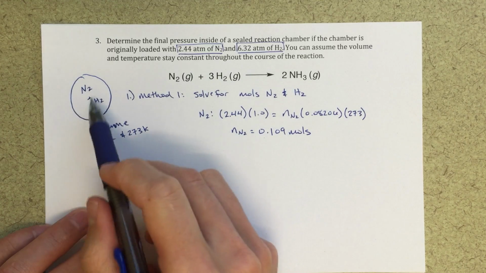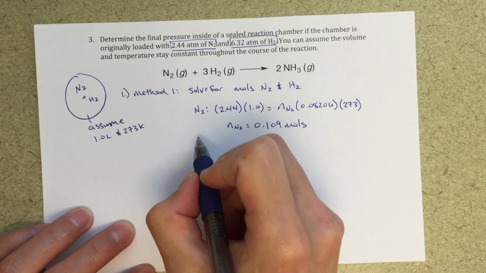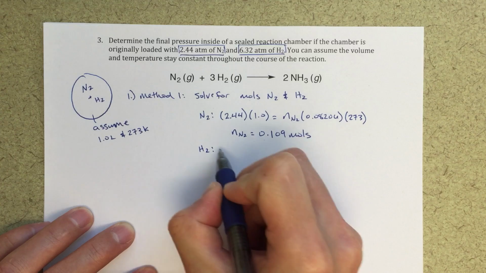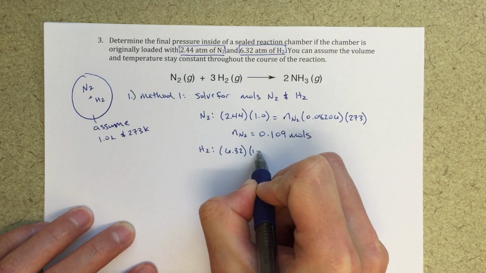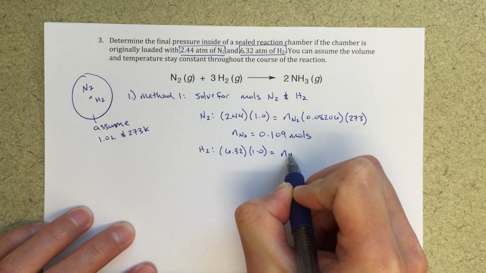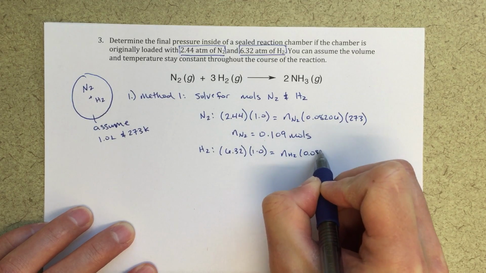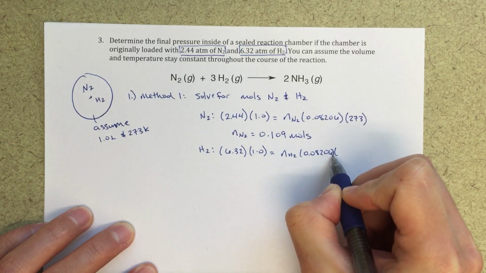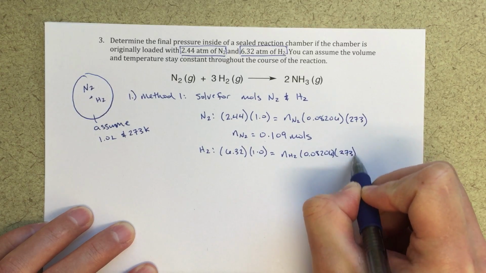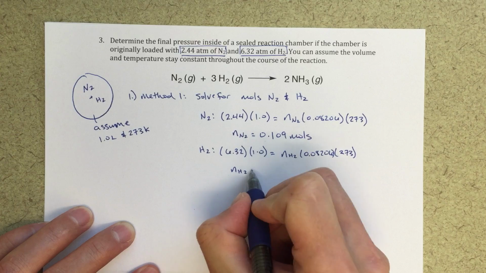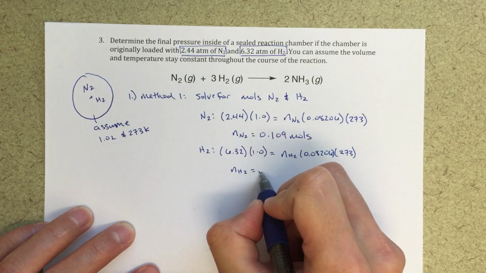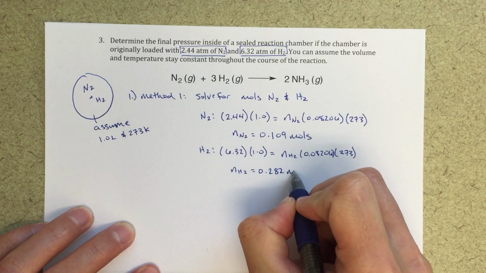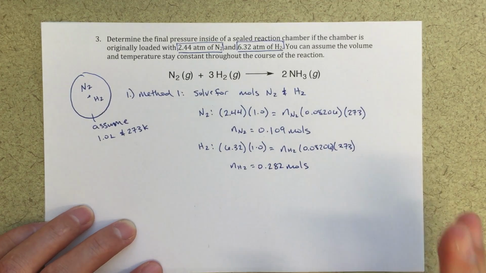So essentially that's how many moles of N2 gas we have in there. We'll do the same thing for H2. Now my pressure is 6.32, everything else is the same, and our moles of H2 we can now calculate are 0.282 moles.